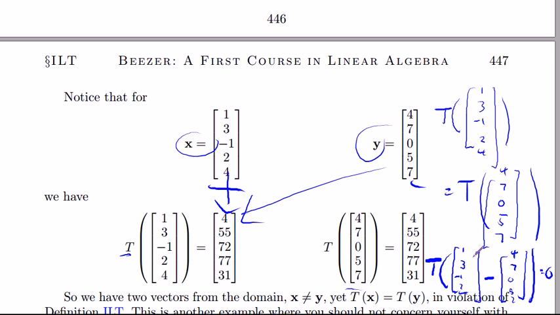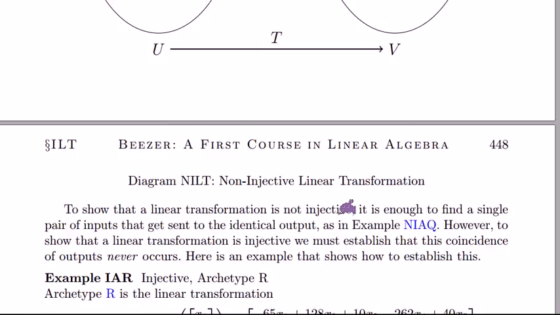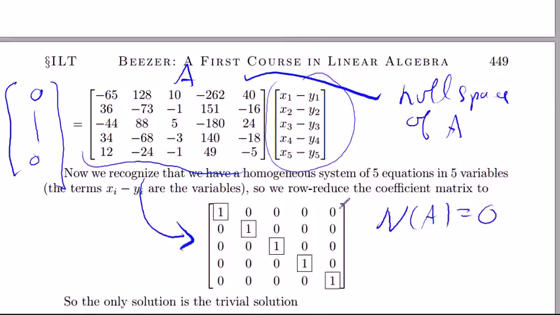That means that there's a vector, the difference of these two vectors, this vector, when T is applied to it, gives me 0. All right? So this is called the kernel of the linear transformation. If I have vectors that are mapped to 0, these vectors are said to be in the kernel of linear transformation. And you can see that that's kind of related to the null space of the associated matrix.